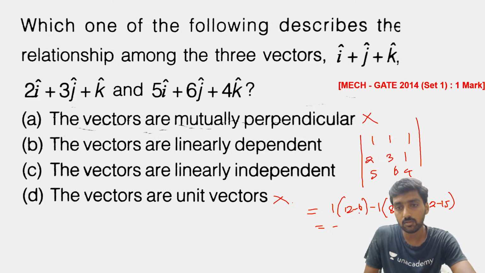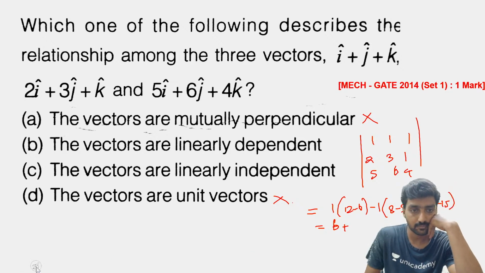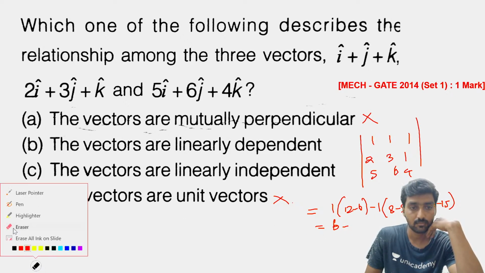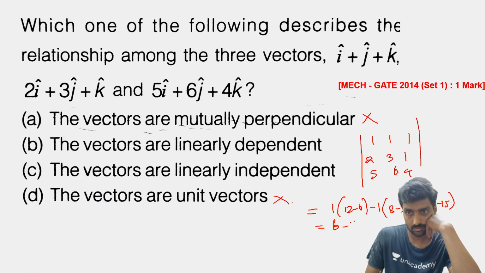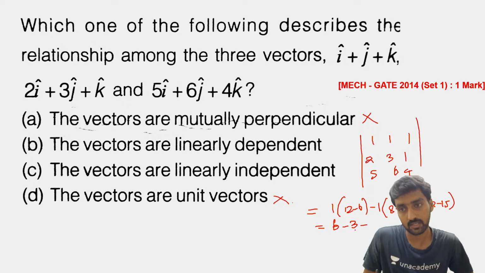That is 6 minus 3 minus 3, which is equal to 0.